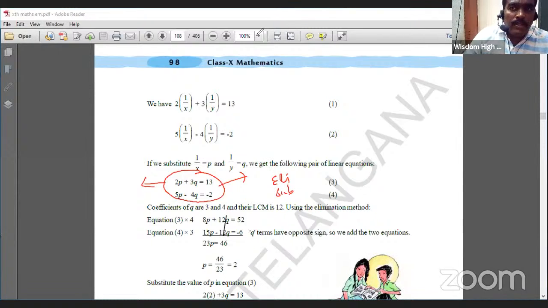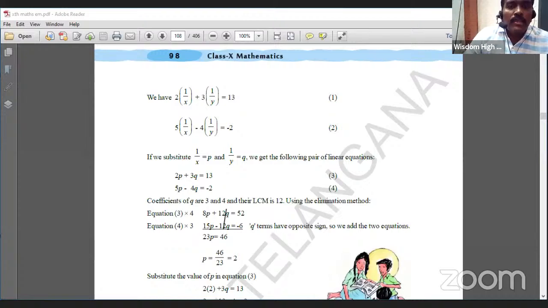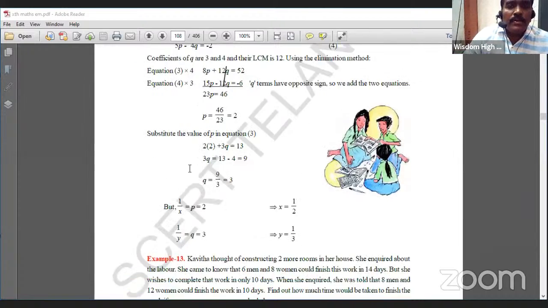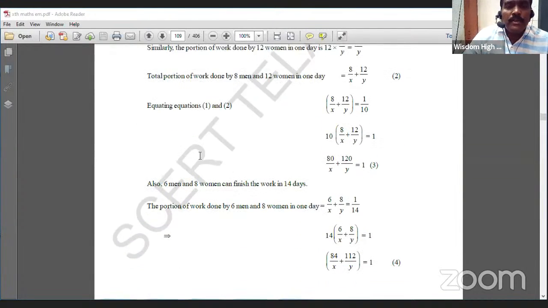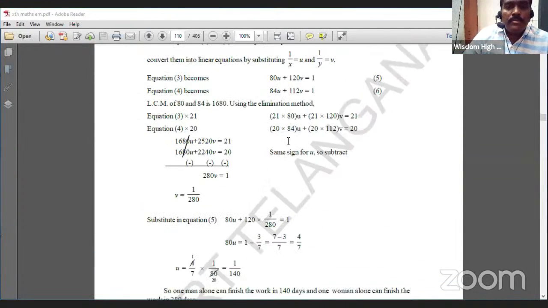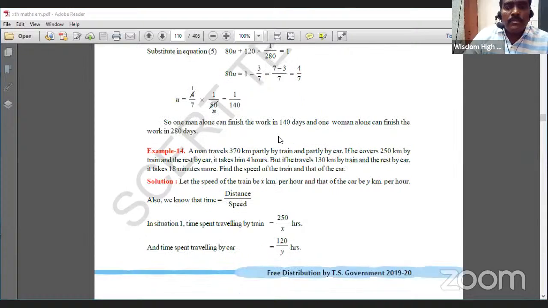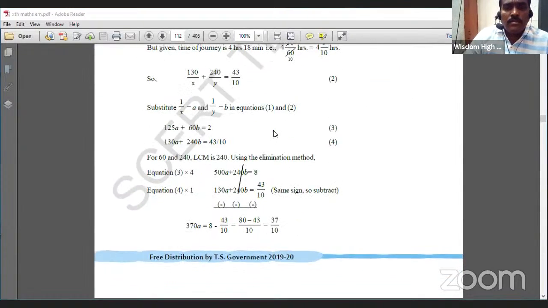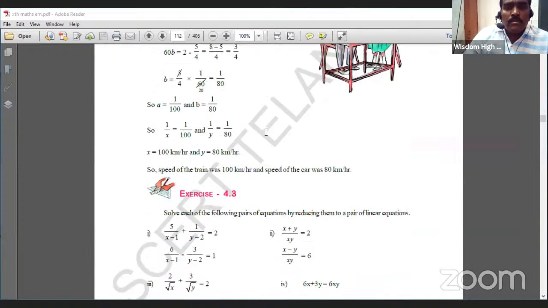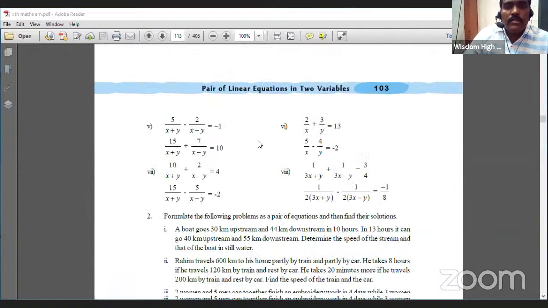Now let us see how we convert. I want to tell you a different example. Here, all these are example problems. See, students, these are the problems.